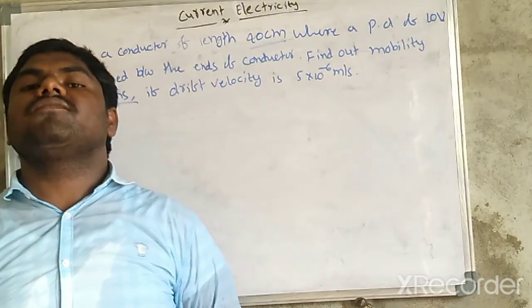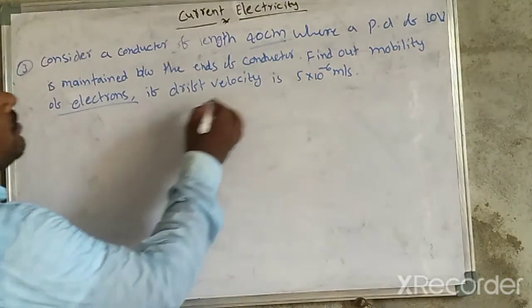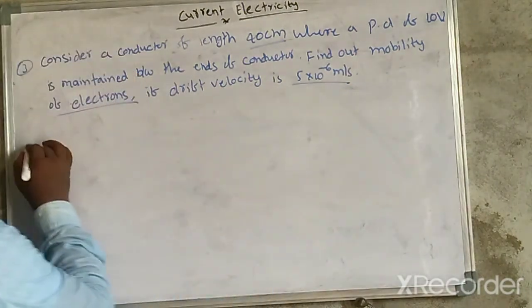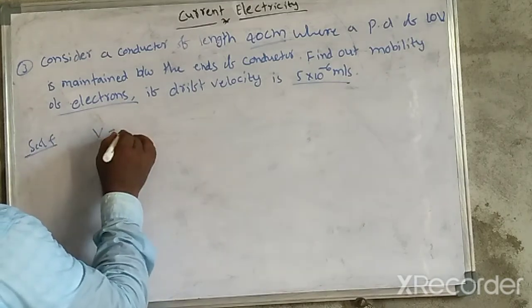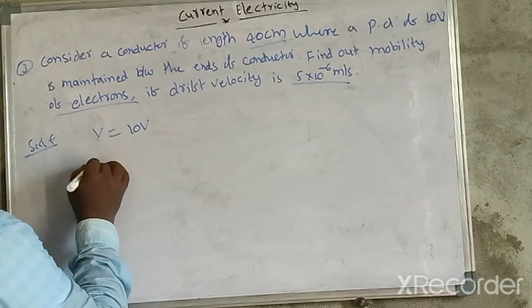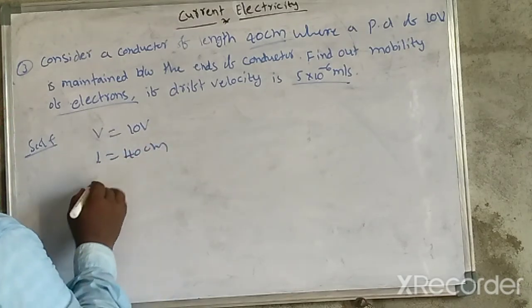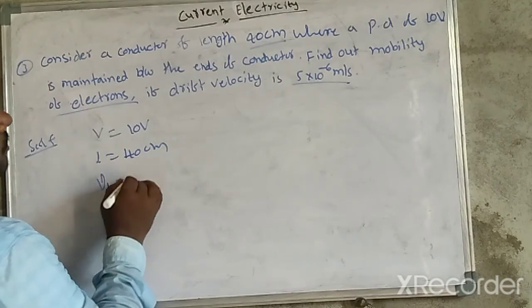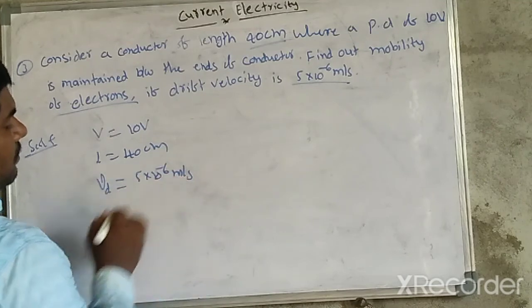So mu is equal to drift velocity by electric field. Given data you may write down: potential V is equal to 10 volt, the length L is equal to 40 centimeter, and the drift velocity Vd is equal to 5 into 10 to the power minus 6 meter per second.